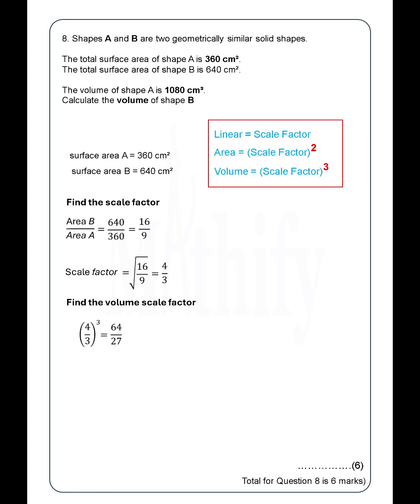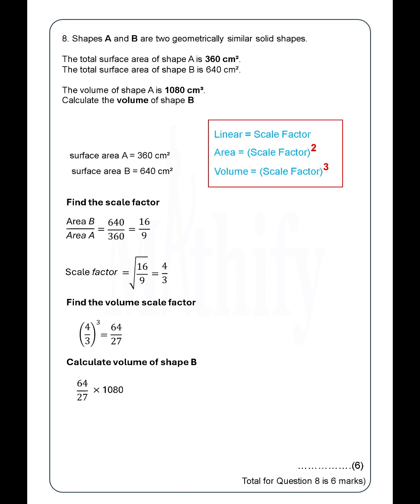Now, based on the fact, we already know how we get from shape A to B, which was to multiply by 16 out of 9. We apply the same strategy for volume. How do we get from volume of shape A to work out volume of shape B? We use the new scale factor, 64 out of 27, which means 64 out of 27 multiplied by 1080.